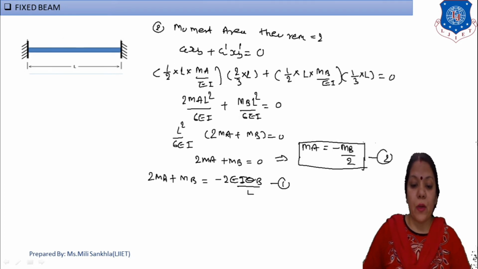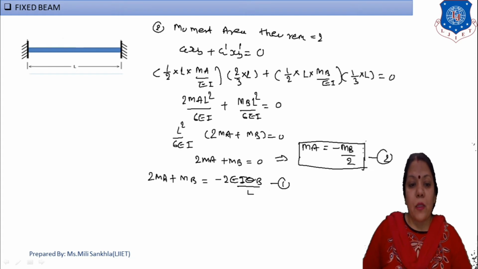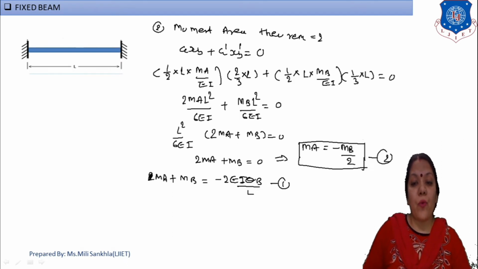Okay, my first derivation is 2MA plus MB is equal to minus 2EI theta B by L, and put the value of MA. Minus MB by 2 plus MB is equal to minus 2EI theta B by L.